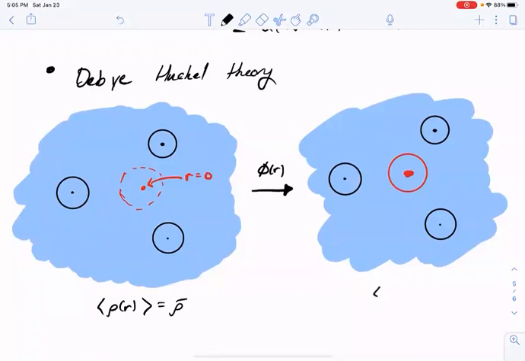And then I can ask, what is the density around that point given that conditioning? Which of course is related to the g of r, tells you about the correlations between ions.